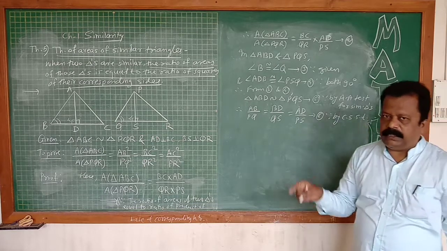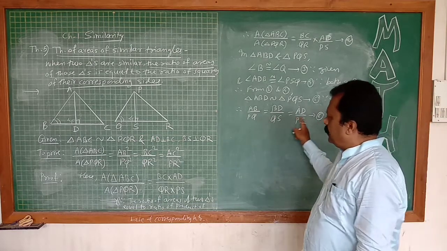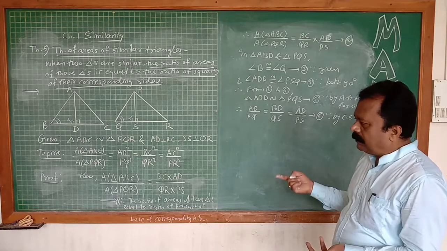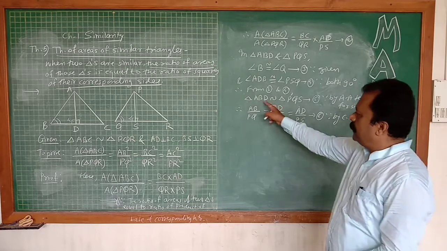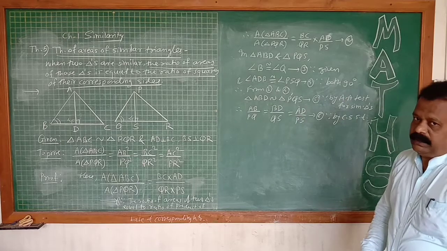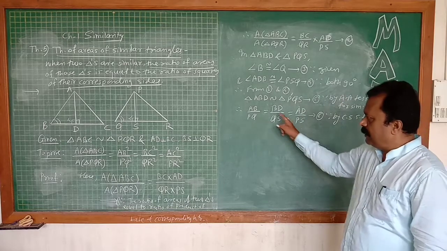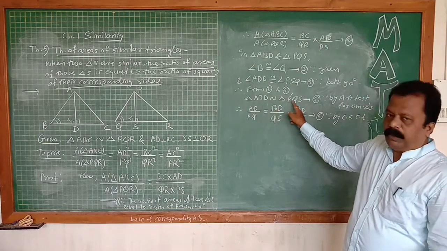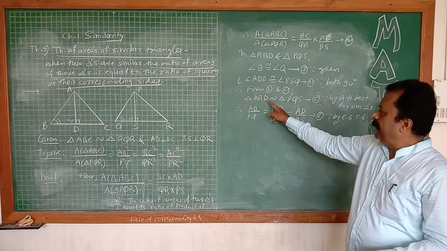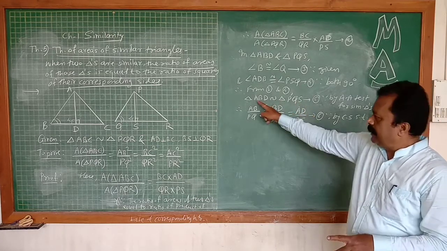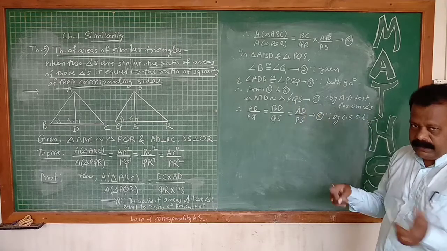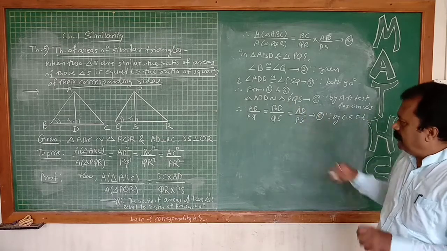CSST means corresponding sides of similar triangles. These are the corresponding sides of what? Similar triangles. Which similar triangles? ABD and PQS, these two triangles are similar. So we have shown this. Say again: AB upon PQ, first alphabets; BD upon QS, last alphabets; AD upon PS, first and last alphabet. These sides are in proportion.